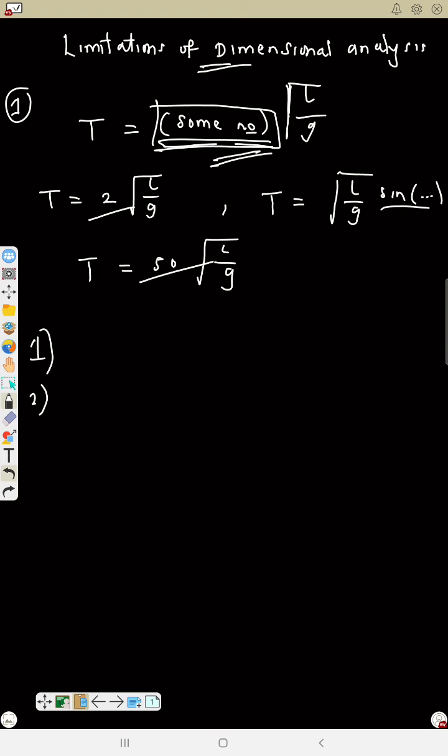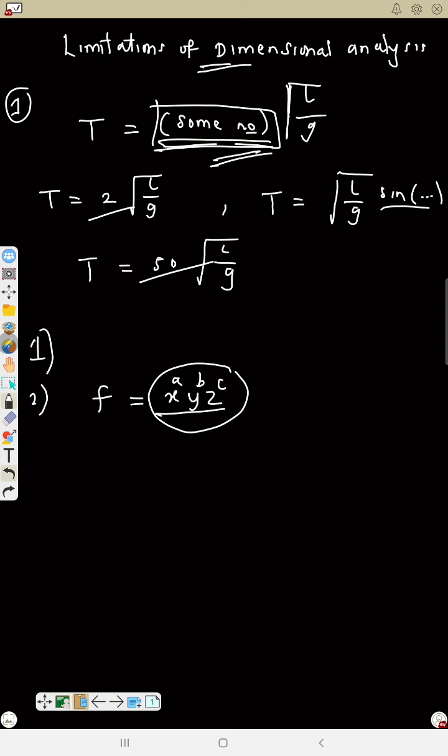You can rewind the video. Since we have been deriving a formula using dimensional analysis, we are doing something like this: f depends on x, y and z, with powers a, b and c. That means these three, x, y and z, are dependent. That's why we say this method is useful only when a physical quantity depends on other quantities.